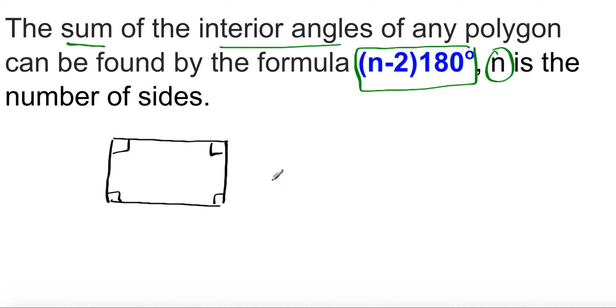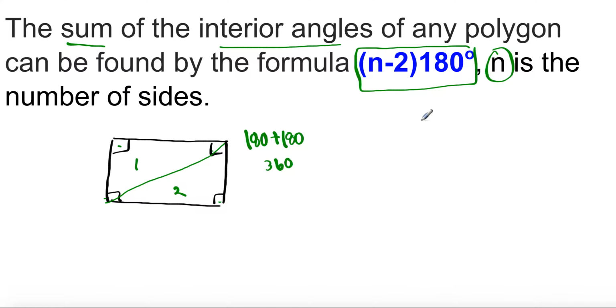And if we draw one diagonal here, we don't want to draw any diagonals that intersect each other, then now we have 2 triangles. And so 180 plus 180 gives me 360. You can figure that out because 90 and 90 is 180, plus 90 is 270, plus 90 is 360.